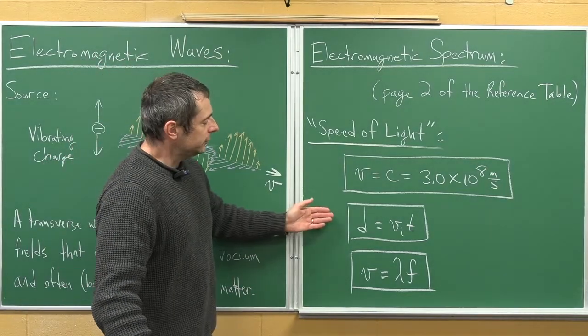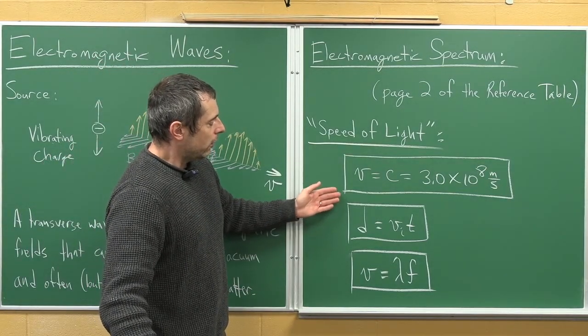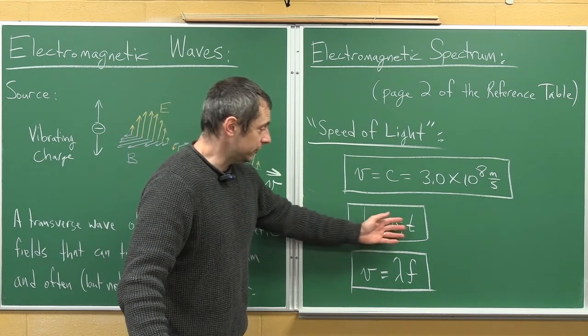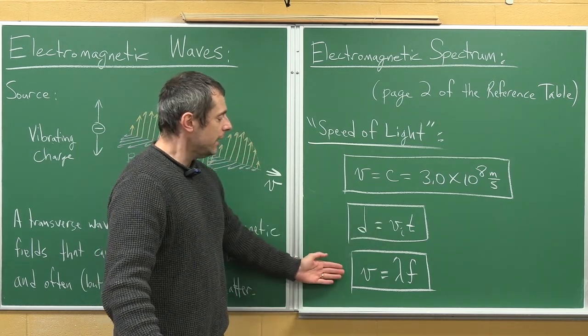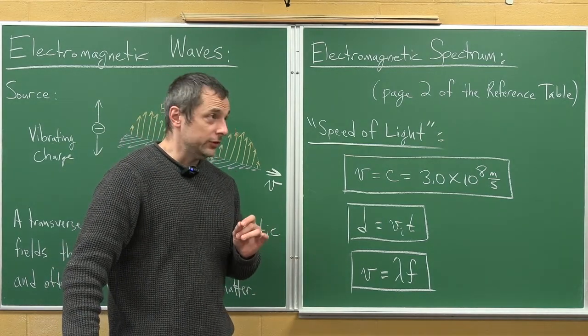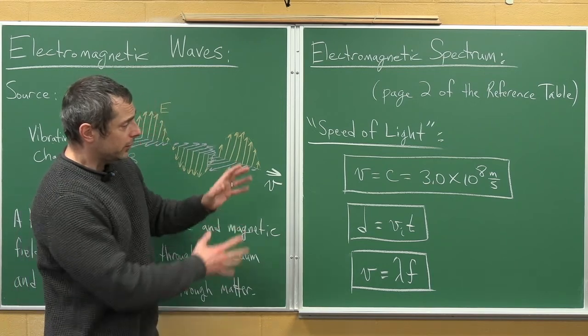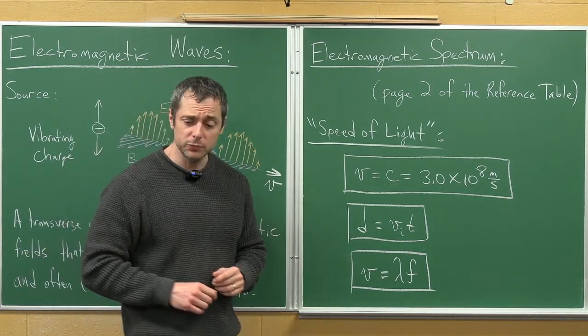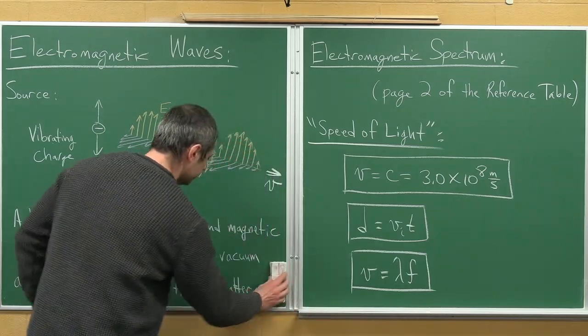Also, for calculations, you have to remember that like all waves, you might be using this formula to relate the distance and time that the wave travels, and also this one for the relationship between frequency and wavelength. So let me pause to give you a chance to copy these notes down. All right, let's move on. I'm going to do a couple examples.